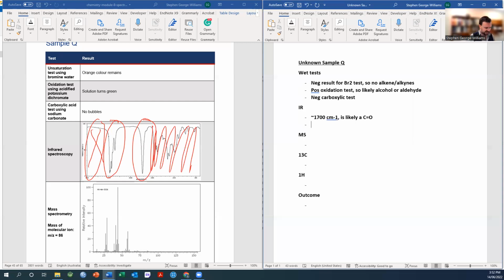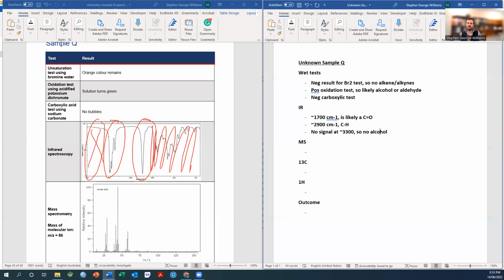We do have our signals at about 2900, which again is typical for our carbon hydrogens. What's interesting to note is a lack of anything at that higher region at about 3300, which means that there's unlikely to be an alcohol. And we already knew there was no carboxylic acid, so it doesn't really help us there.